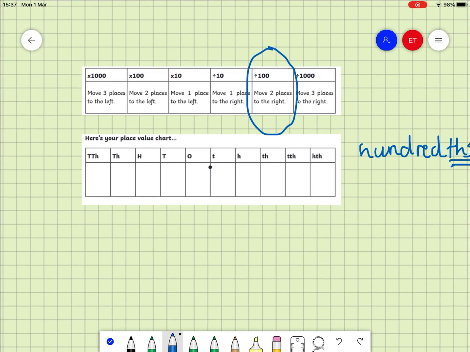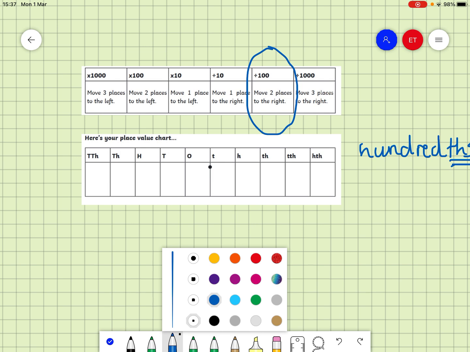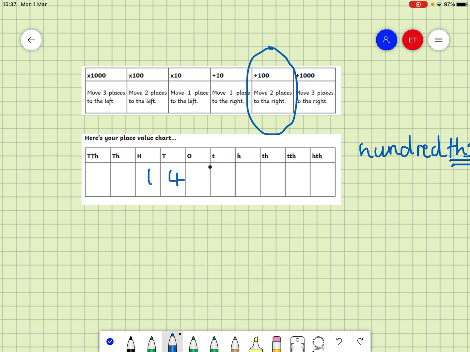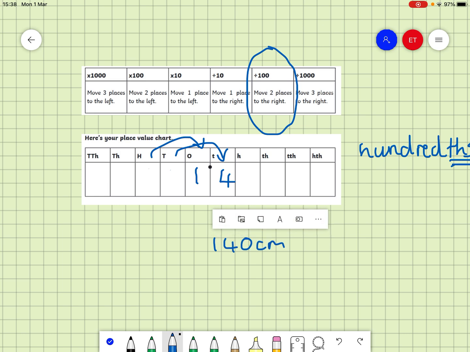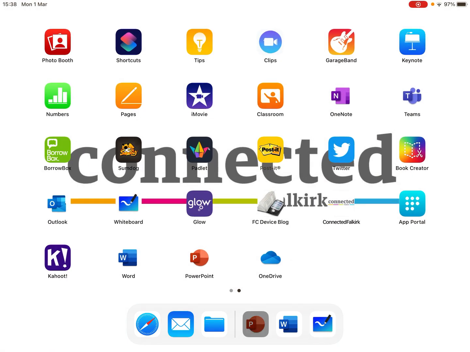So 140, and this time each digit is moving 2 places to the right. So that means that it is 1.4 meters. So 140 centimeters is the same as 1.4 meters. And we got that by dividing by 100.